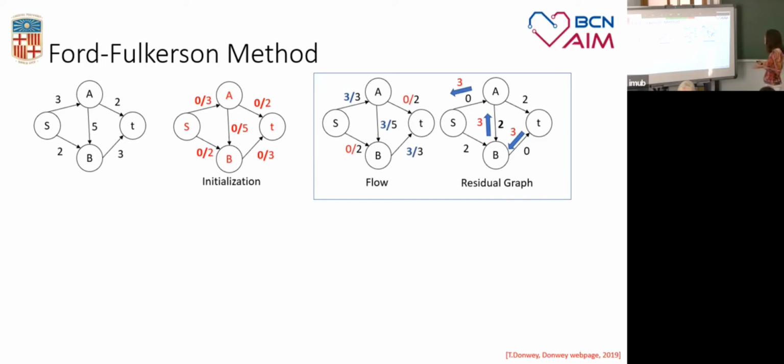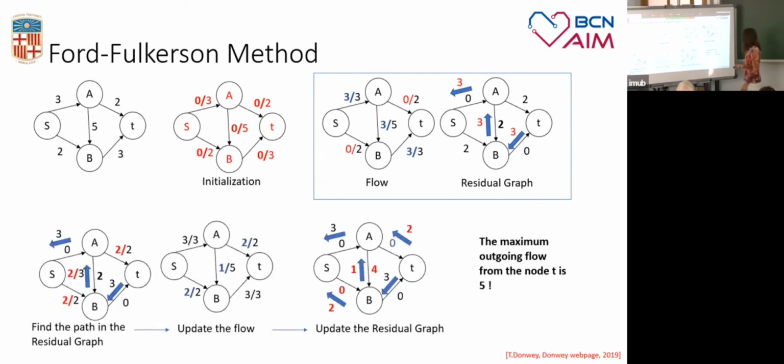By making these paths and pushing the water back to where it was originally, we are able to find paths that we were not able to reach before, because those pipes were already full. So we are creating new alternatives to fill the water, pushing back the water that we already pushed, and recovering the capacity from it. This is the idea of the Ford-Fulkerson method.